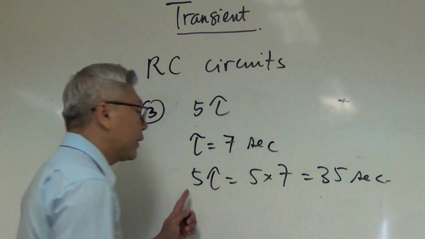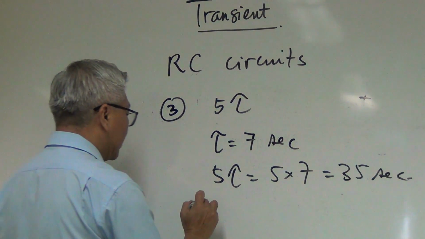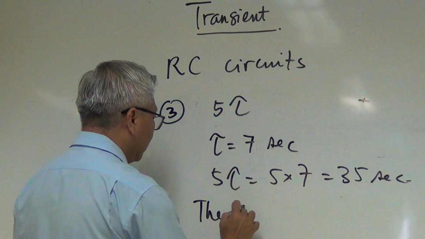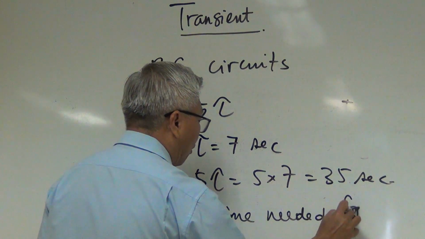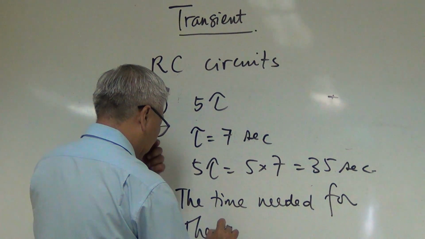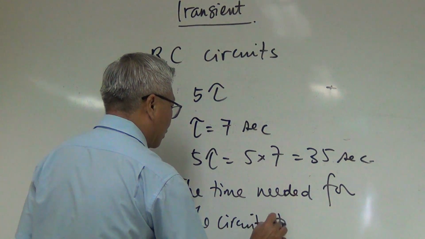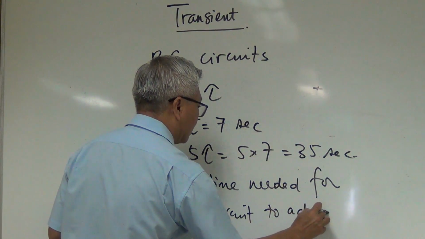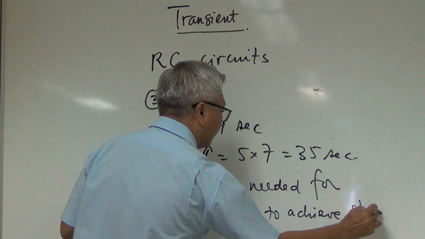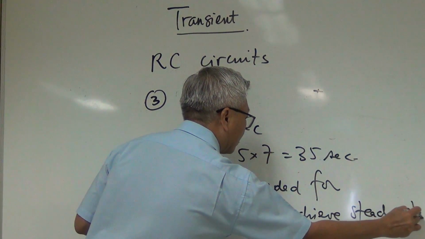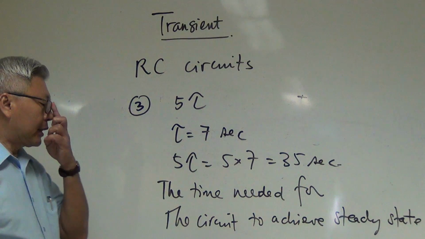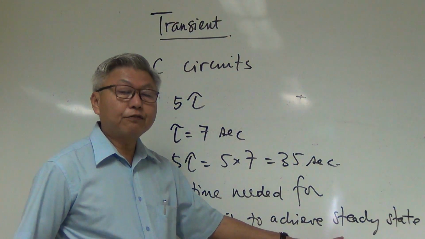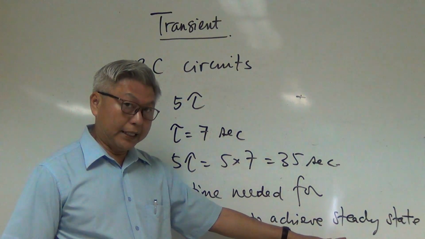The meaning of five time constant is the time needed for the circuit to achieve steady state, or to arrive at steady state. Now what's the meaning of steady state? Steady state means finally, the final value. We'll talk about it later.